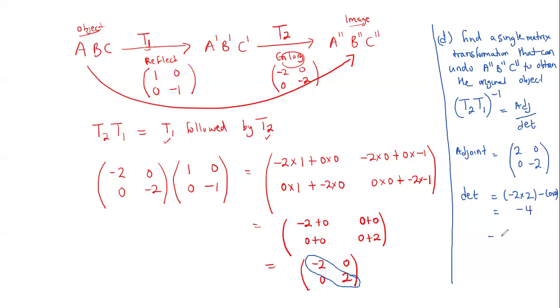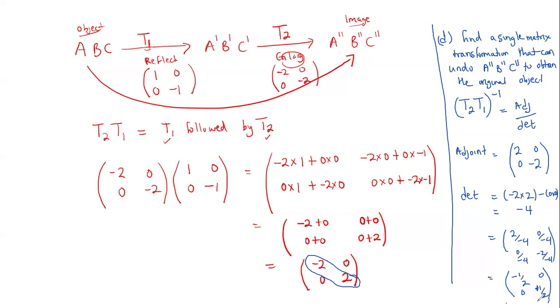Then after that you divide, so we shall divide every element by -4. So you divide 2 by -4, 0 by -4, 0 by -4, and -2 by -4. So at the end of that day, you'll end up with -1/2, 0, 0, and this one is +1/2. So that's how you find such.